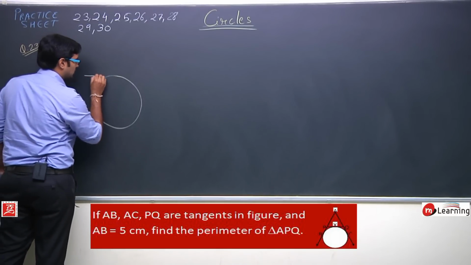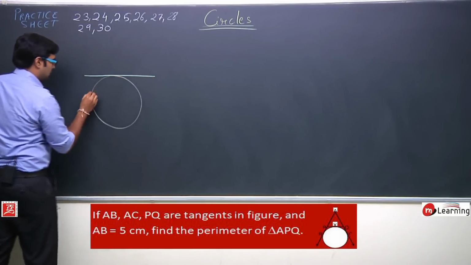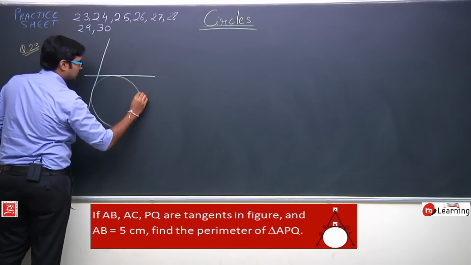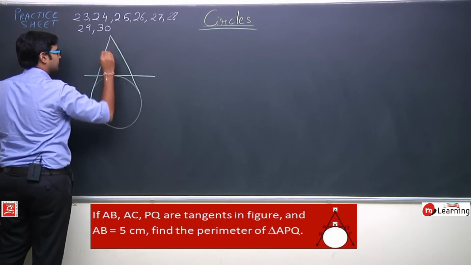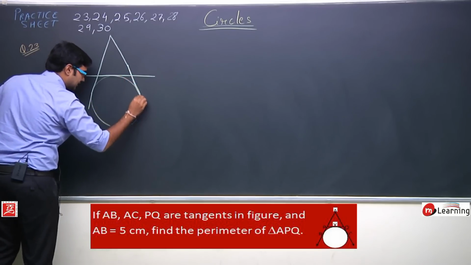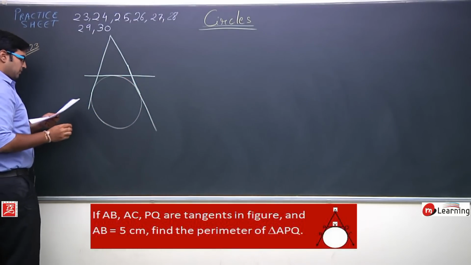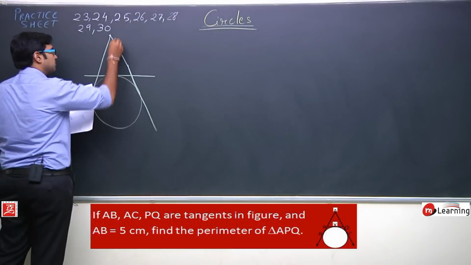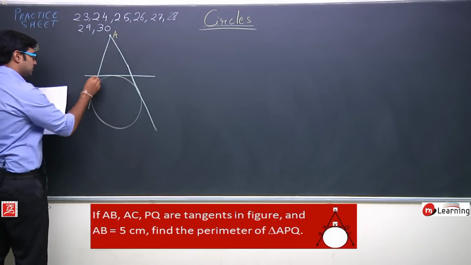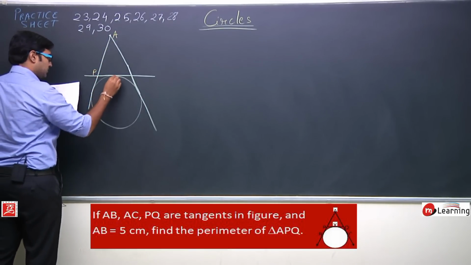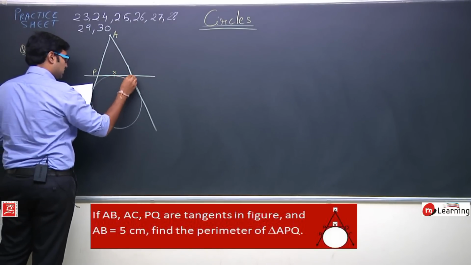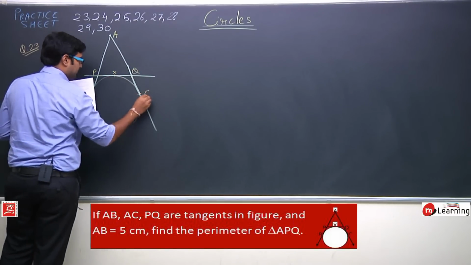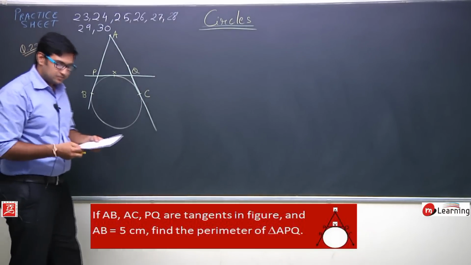One is this one, another is this one, and another is this one. These three tangents are given to this circle, and this point is point A, this is point P, this is point X, this is Q, this is B, and this is C. So this is the figure given in the question.